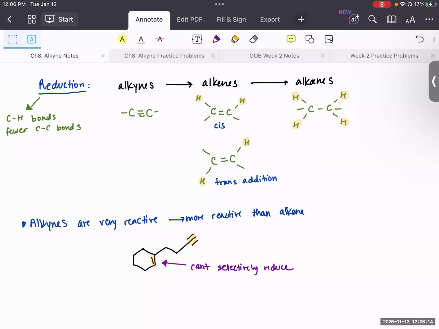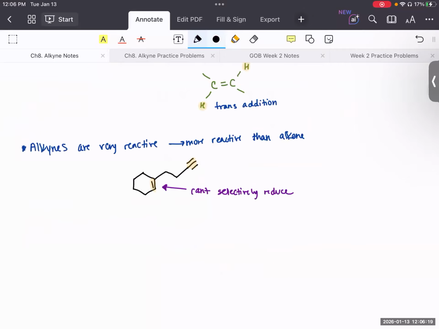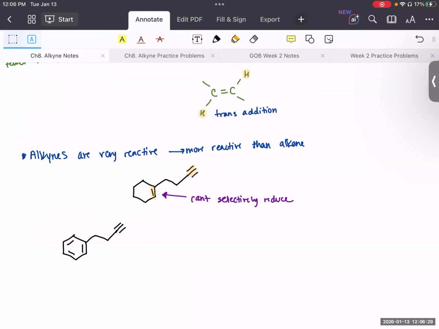The other thing I want to quickly mention is that none of the reagents that we're talking about here will be able to reduce double bonds within aromatic systems. Let's say that we're looking at this molecule here, where we have an aromatic system within this ring, and then we also have this triple bond here.